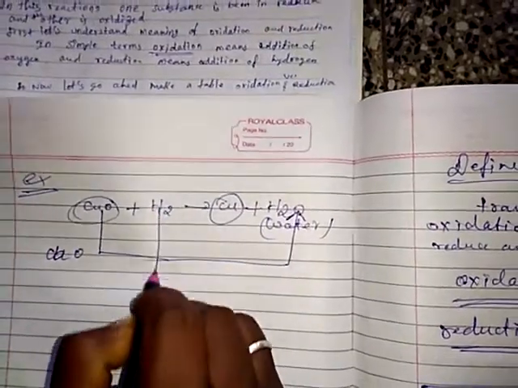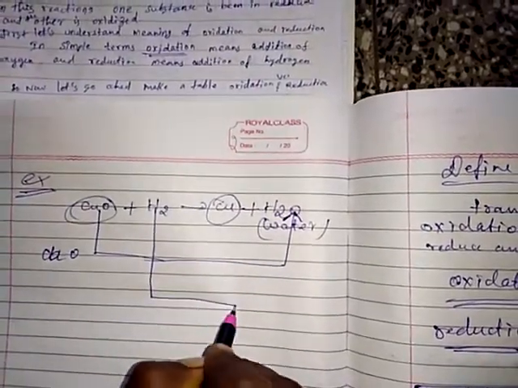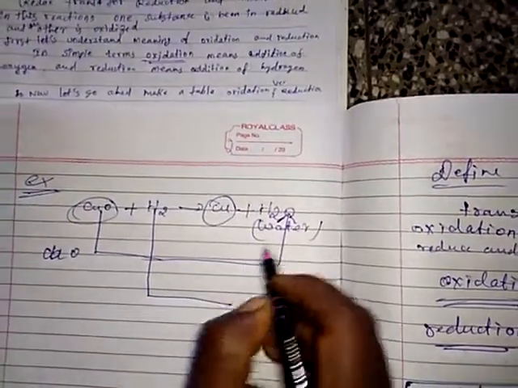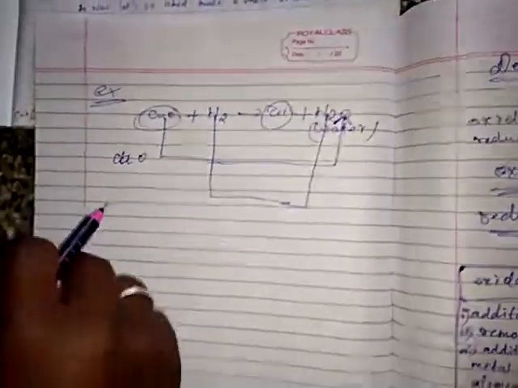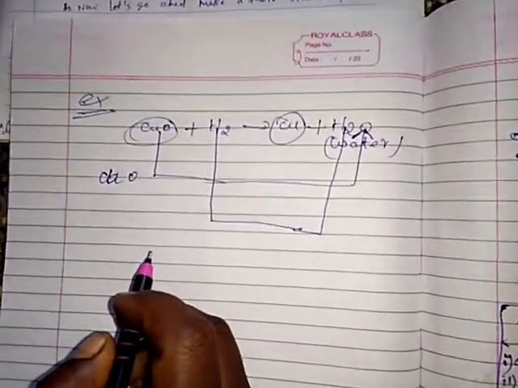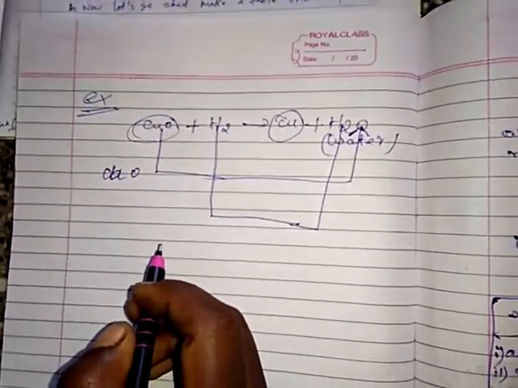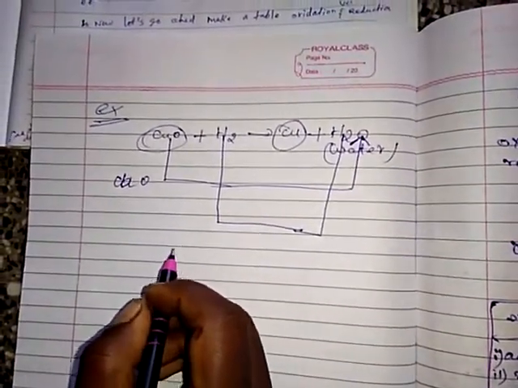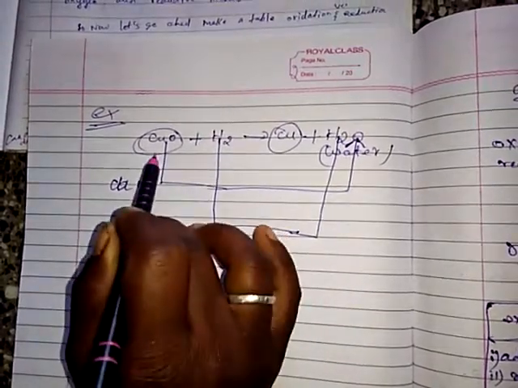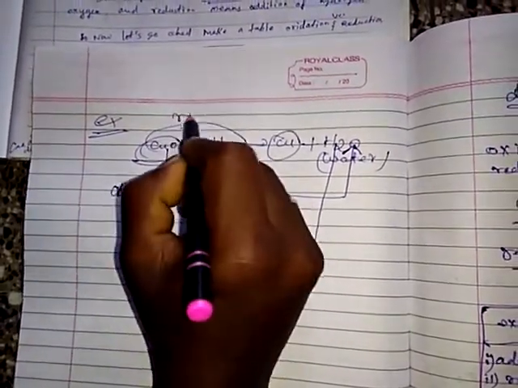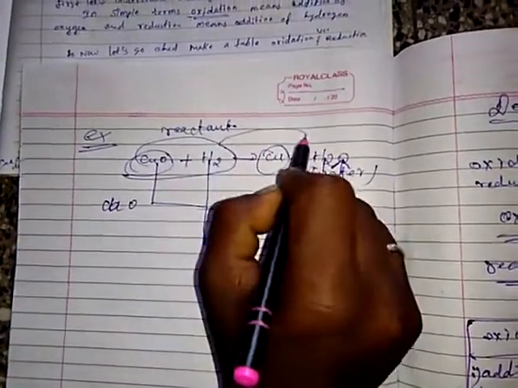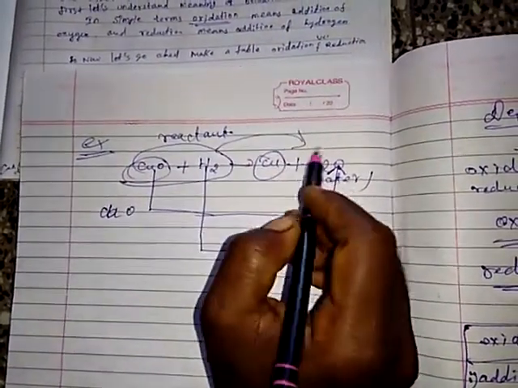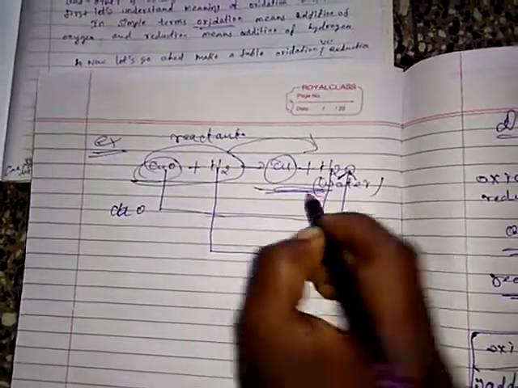And hydrogen is oxidized, gaining oxygen and becoming water. Remember, always the reactants get oxidized or reduced, not the products.